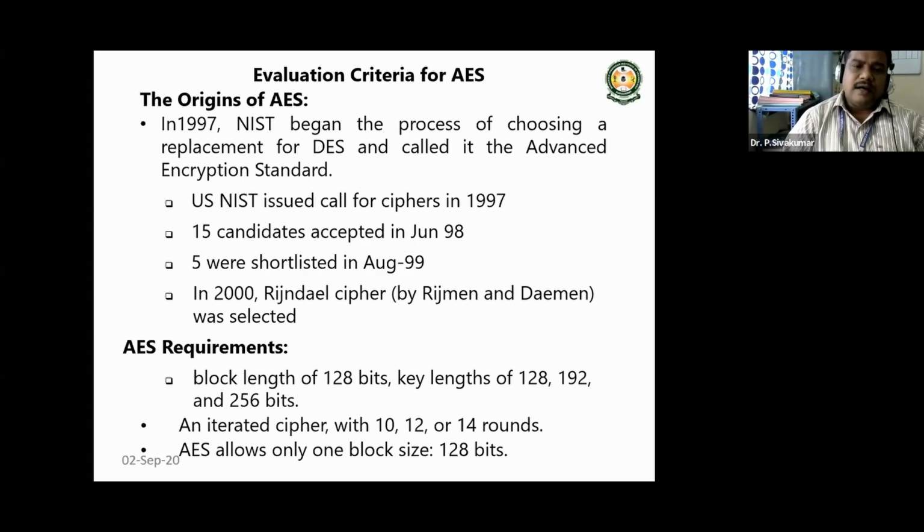From the 15, 5 were shortlisted in August 1999. Among these 5, the proposed model AES is the Rijndael cipher. In the year 2000, Rijndael, which is named after the two authors' surnames, Rijmen and Daemen, was selected, that means the AES algorithm was adopted by NIST. Then it was used for applications. Okay, this is the origin of AES.